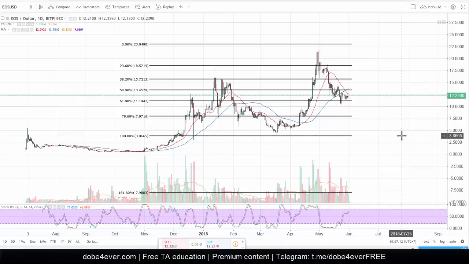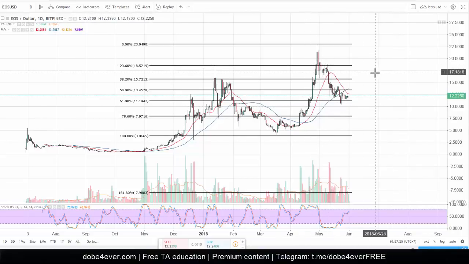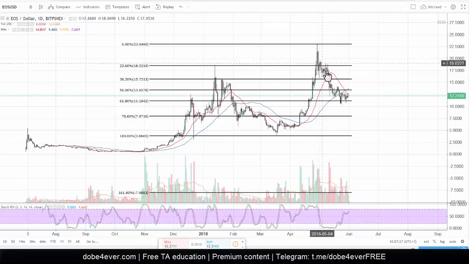I'm not on EOS. I decided I didn't want to be involved during the launch or during the registration time and all that. So I haven't been paying attention to this chart very much since I saw my tokens here. But if I had been paying attention, I probably would have said to buy this dip, because it was exactly at the 61.8 and exactly at the 20-week moving average.